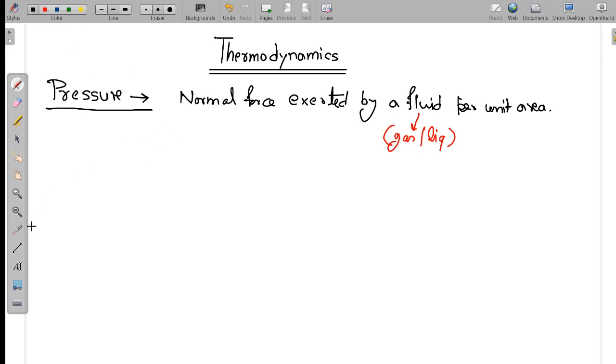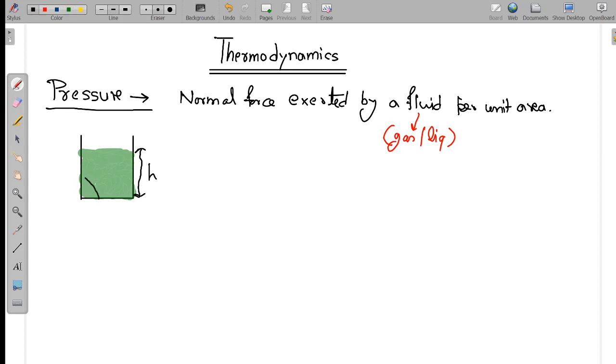Let us consider we have a container. In the container we have some liquid filled. The container is completely filled by a liquid, and the height of it is h.